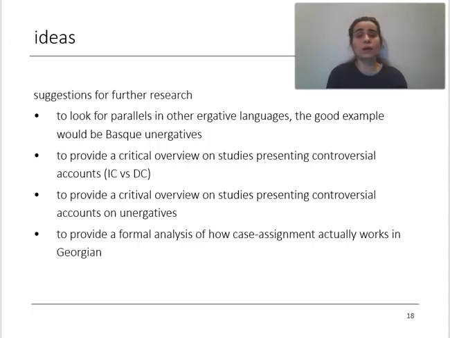My suggestion for our research would be to look for parallels in other ergative languages.